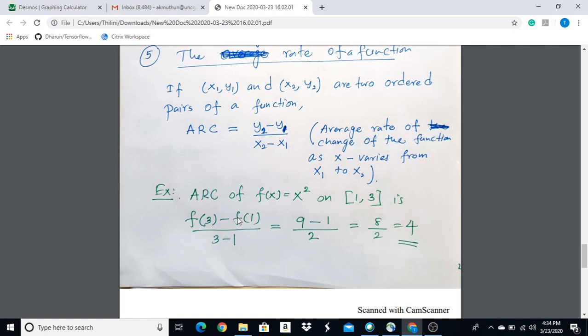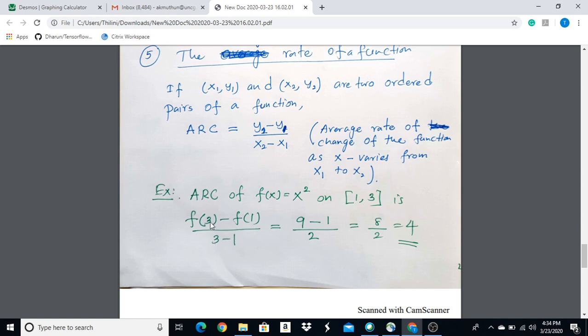So here is how we apply this formula. We want to find y2, which is the function value at 3, because this is x2. So it's the function value at x2 minus the function value at x1, f of 3 minus f of 1, divided by x2 minus x1.